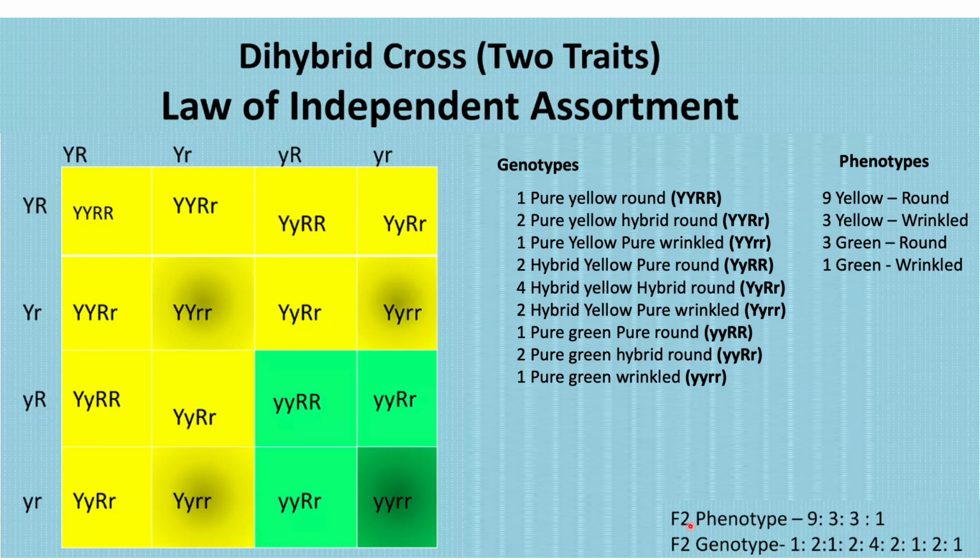So the phenotypic ratio in the F2 generation is 9 is to 3 is to 3 is to 1, and the genotypic ratio is 1 is to 2 is to 1 is to 2 is to 4 is to 2 is to 1 is to 2 is to 1, which I understand is quite complex, but you could easily make it out by drawing a Punnett square and looking closely at the genotypes. So thus one trait does not depend on the other trait expressed, hence proving that the gametes are independently assorted to give rise to each observable trait.